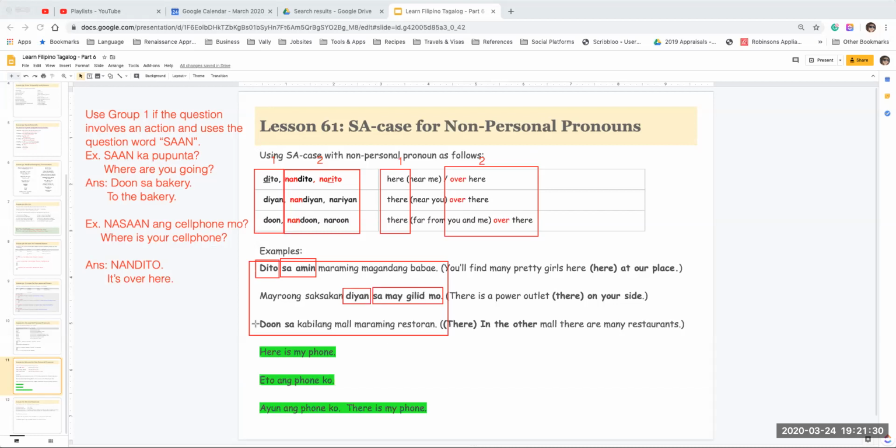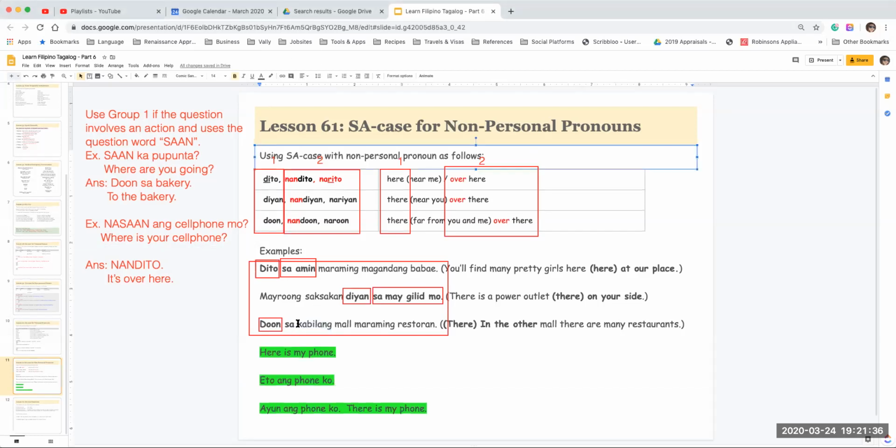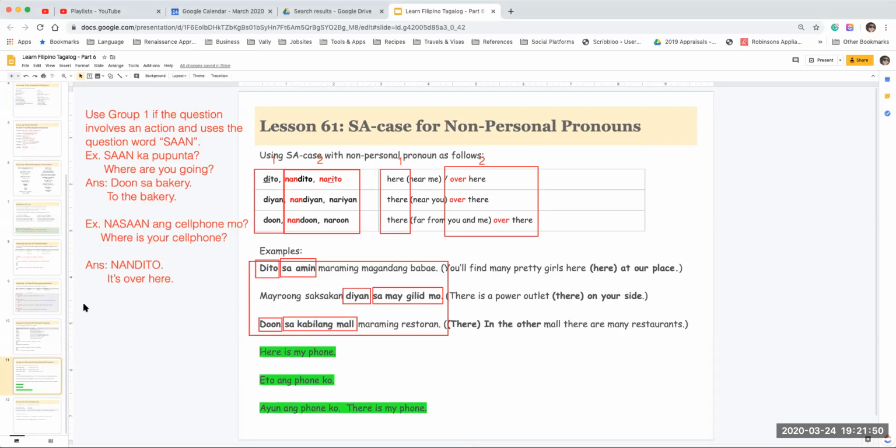So you can do the same way. If you want to say, for example, kabilang mall, sa kabilang mall, that is the general noun. This is a statement, by the way, so that's why you can answer it this way.